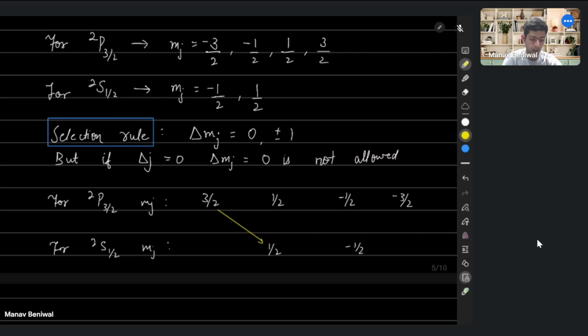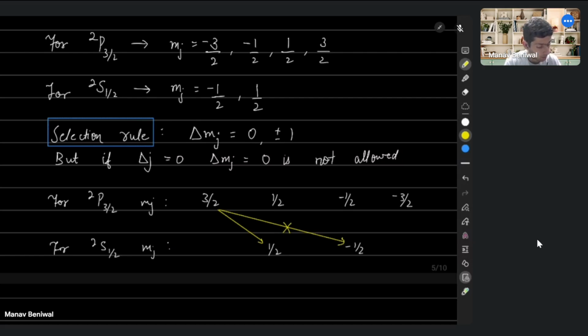What about 3/2 and minus 1/2? This becomes 3/2 minus of minus 1/2, which becomes 3/2 plus 1/2, which becomes 2. So this one is not possible.